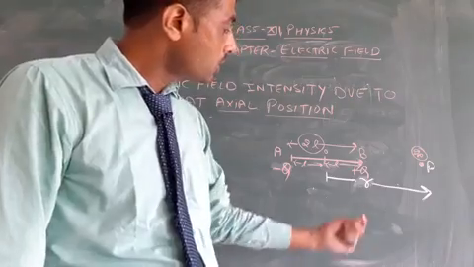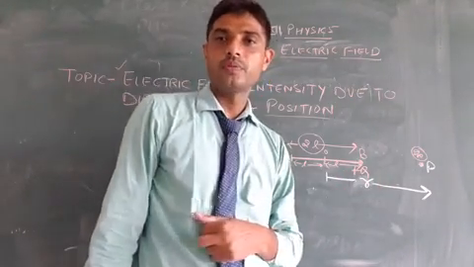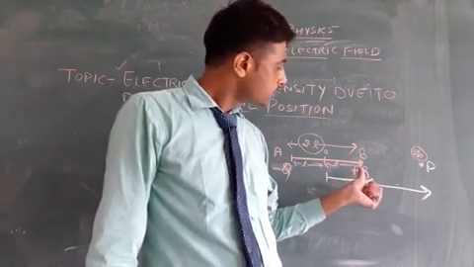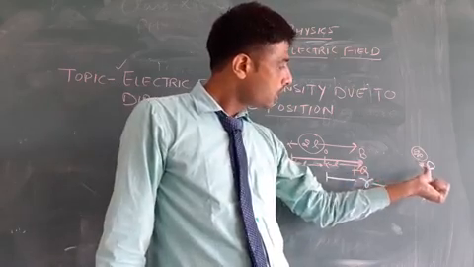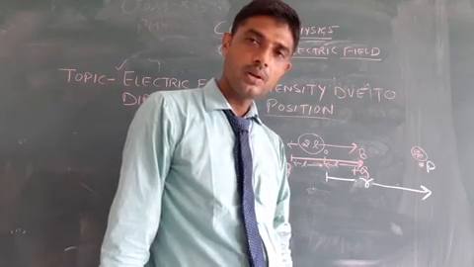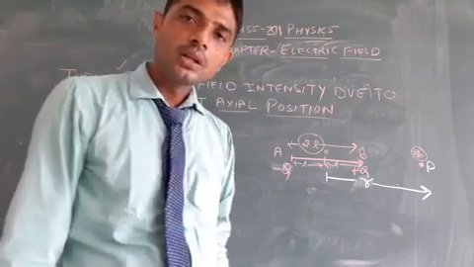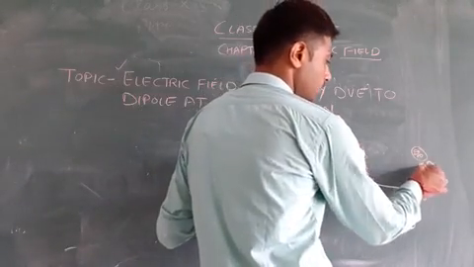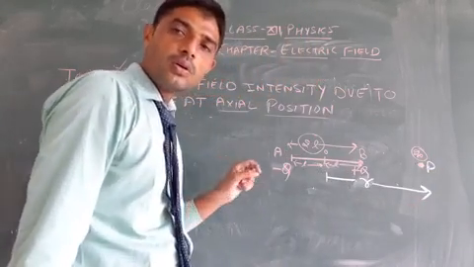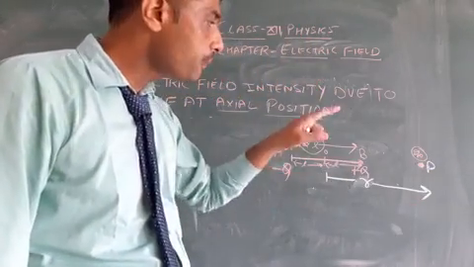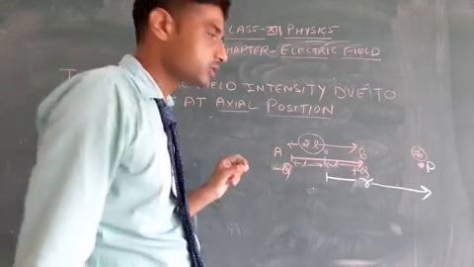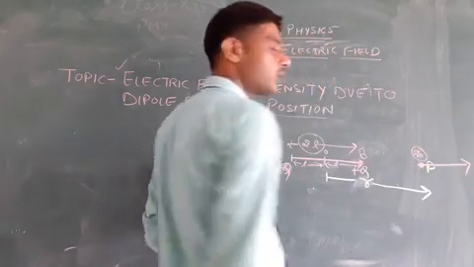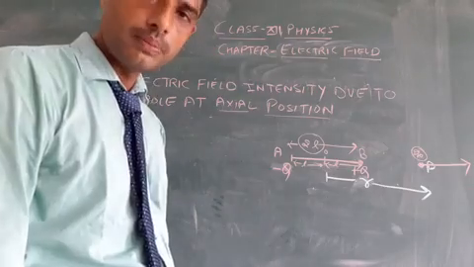According to Coulomb's law, there is a repulsive force between q naught and plus Q. It means the intensity at point P due to plus Q charge is away from the dipole.